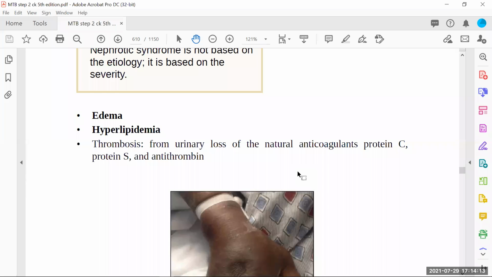Blood is going to start clotting, and that is called thrombosis. So that is the natural compensation against this liver problem, that the liver is no longer capable of producing protein C and protein S, and normal clotting is not there. So in order to compensate, the spleen and bone marrow will work, and they will produce a lot.